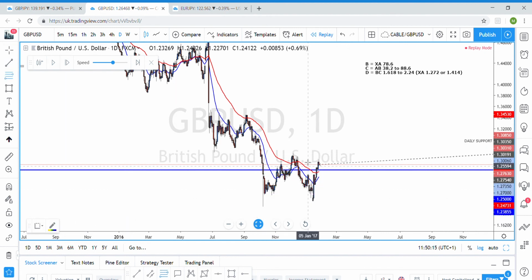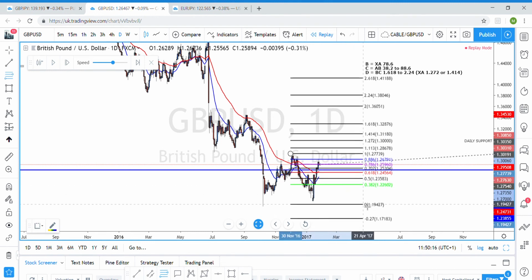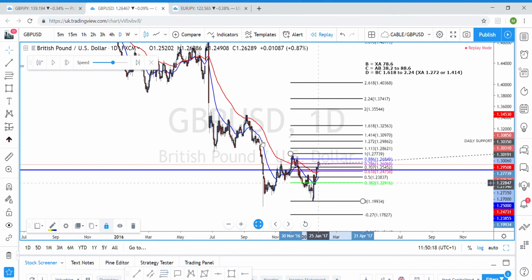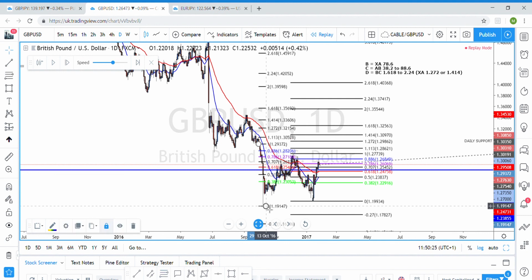So your projection, first you do here, B to C, and then you fib X to A to see what matches up. And as you can see, you've got 1.272 matching with 1.618.